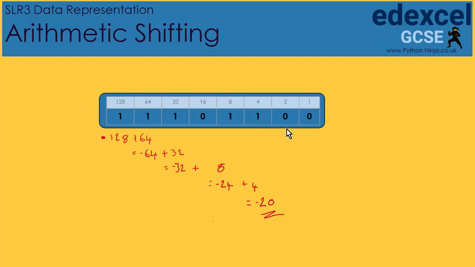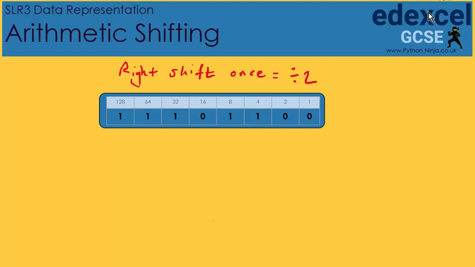So this is a negative number equivalent to the value of denary minus 20, and we are now going to shift right. We're going to divide by 2. So to divide by 2 we want to shift right once. So let's do that.